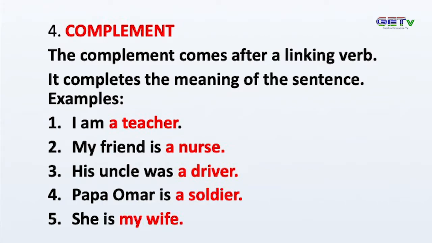And you also understand that a complement is always a noun or pronoun, or could be a noun phrase or noun clause. My friend is a nurse. So the linking verb here is am, was, is.